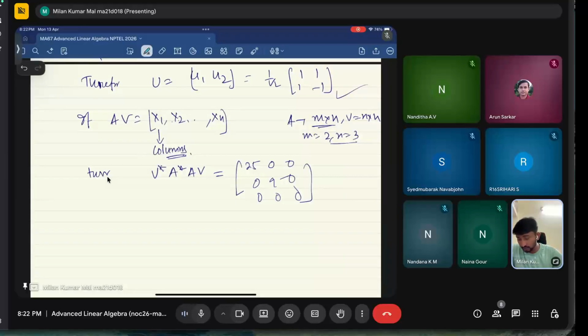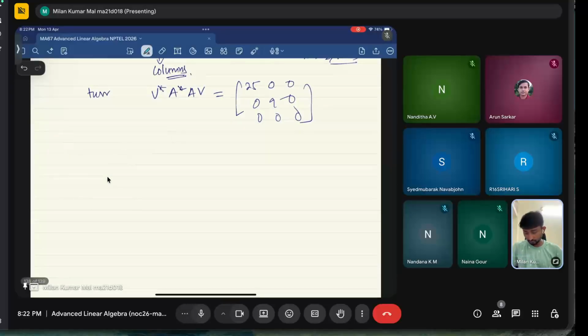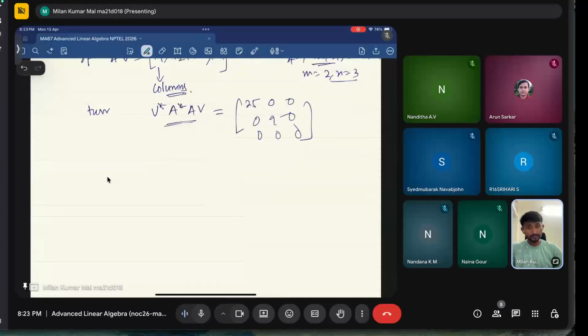N is 3, so there are 3 vectors. If we have A star A, this is also diagonalizable.